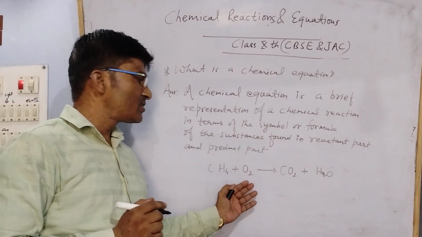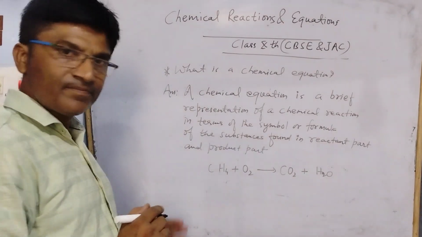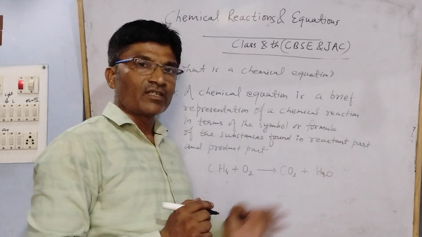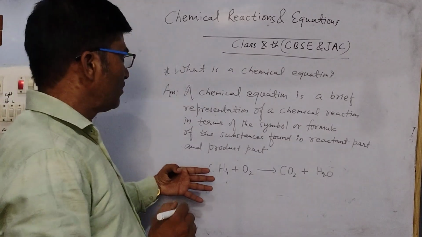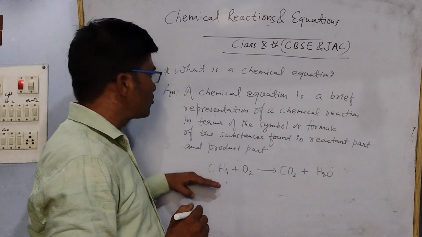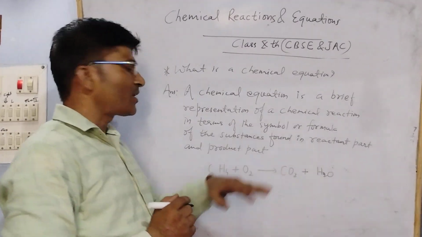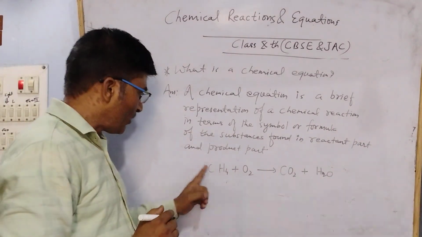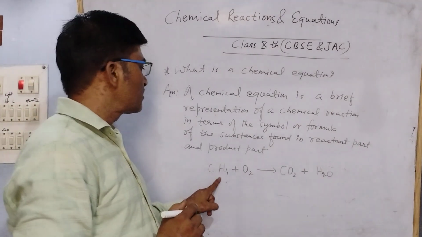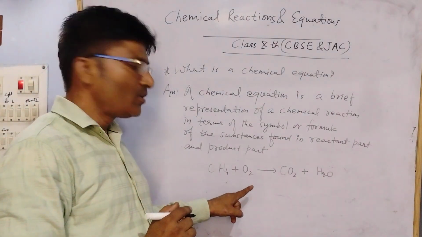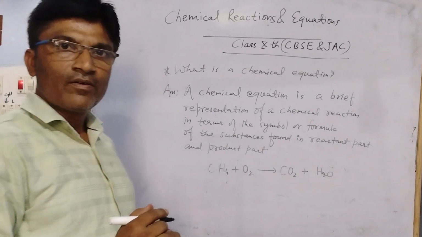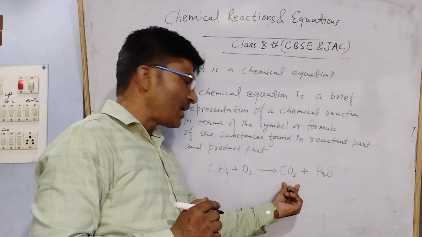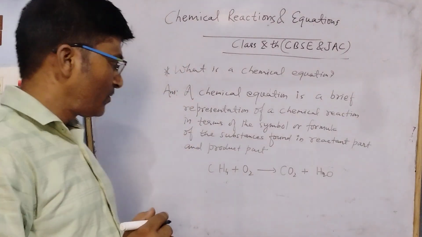Here two substances react and form two other substances, and this is a very short representation of a chemical reaction. It is saying that when methane gas combines with oxygen, carbon dioxide gas and H2O are produced.